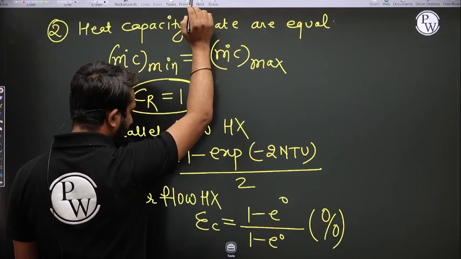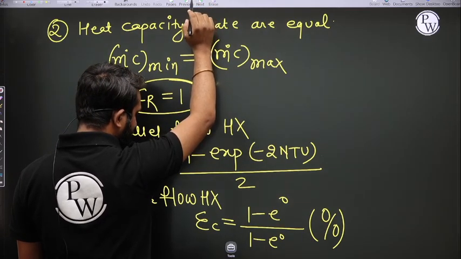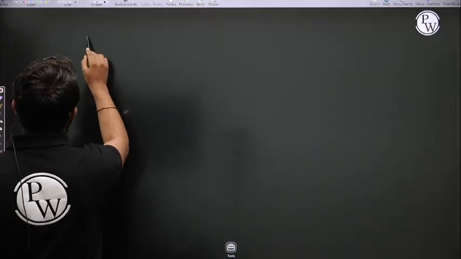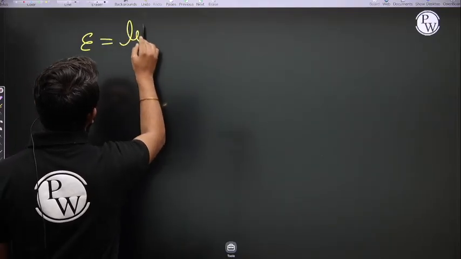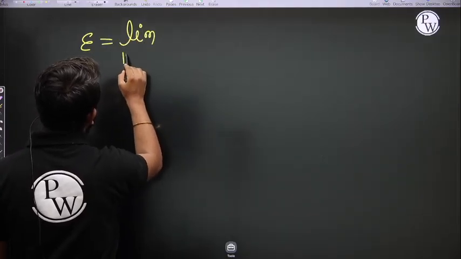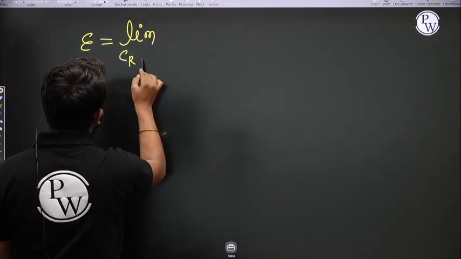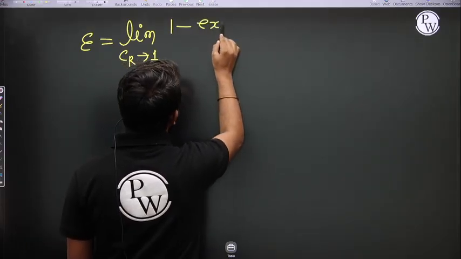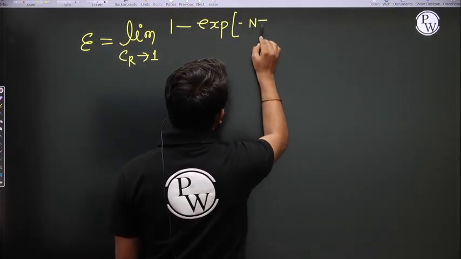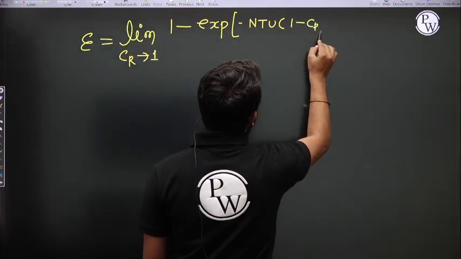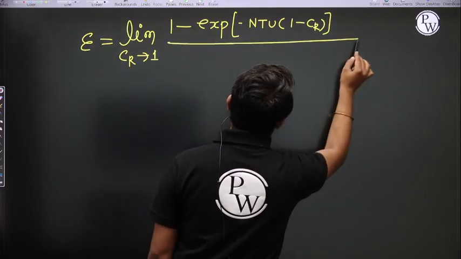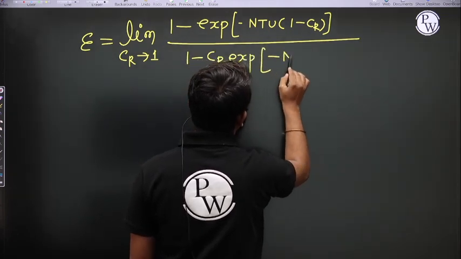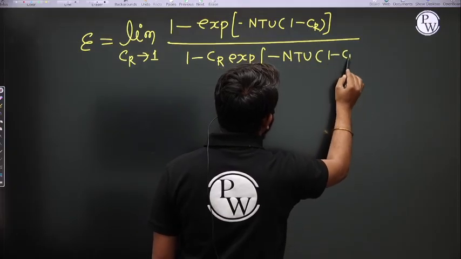If it is an indeterminate form, then how do you get the effectiveness? By using the limit concept. So effectiveness is the limit as CR approaches 1 of 1 minus exponential minus NTU (1 minus CR) upon 1 minus CR exponential minus NTU (1 minus CR).